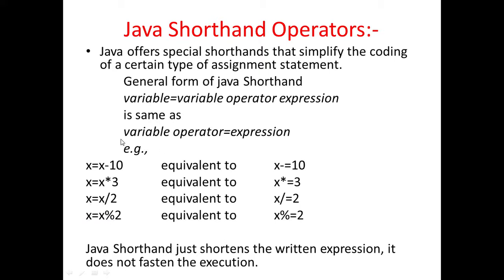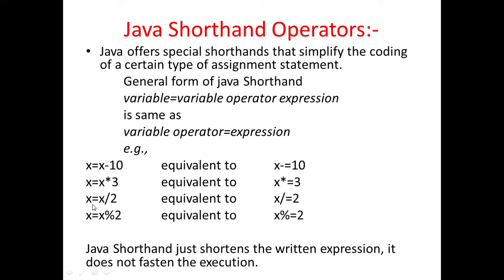But instead of writing this, we can write like this also: variable x, operator minus, equal to sign, and then expression 10. So instead of writing x equal to x minus 10, we can write x minus equal to 10. Instead of writing x equal to x into 3, we can write x into equal to 3.